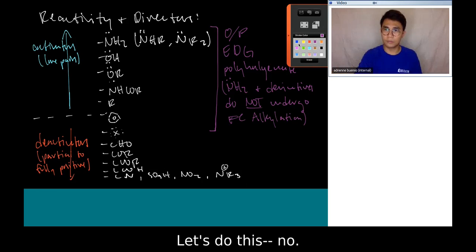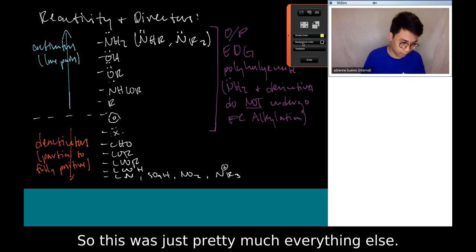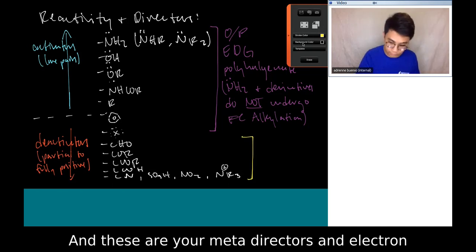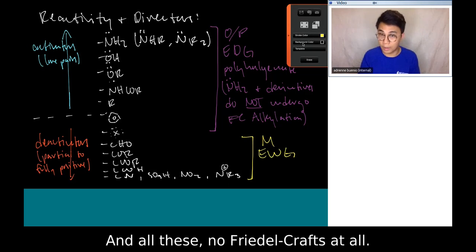Let's do yellow. So this was just pretty much everything else, right? And these are your meta directors and electron withdrawing groups. And all of these, no Friedel-Crafts at all, right?